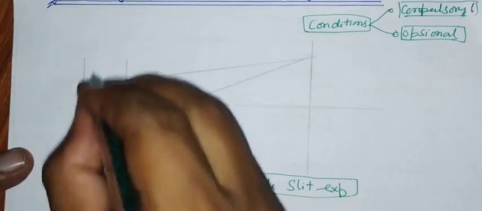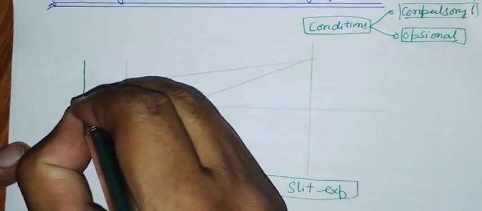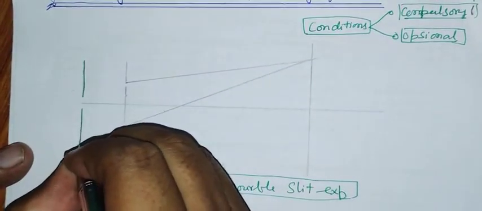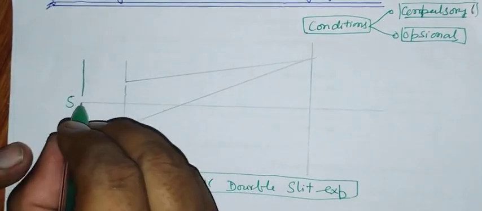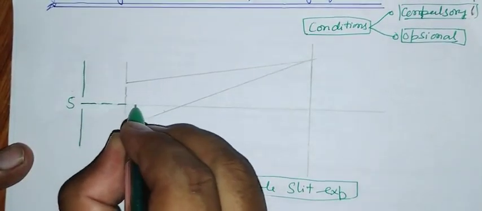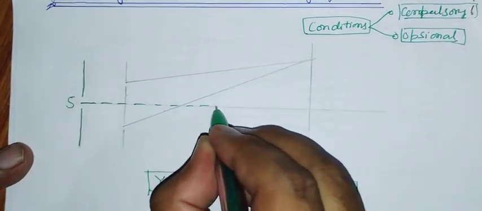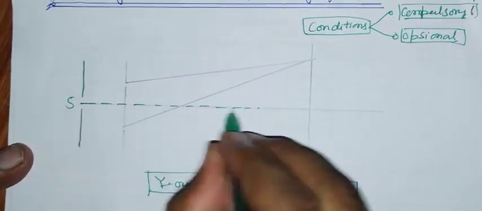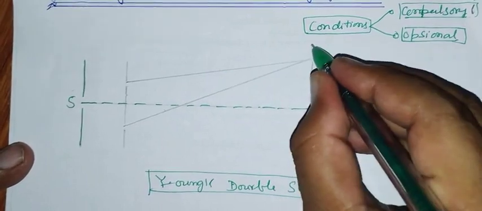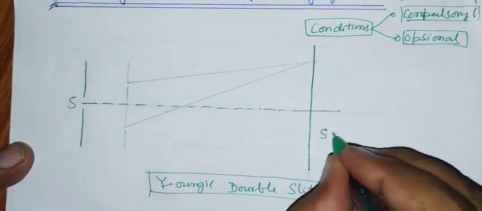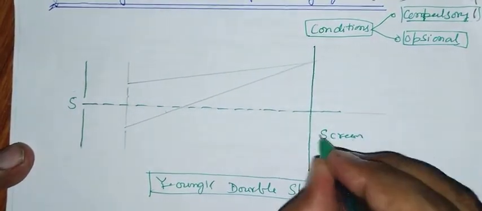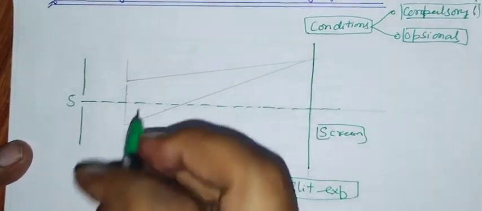In this experiment, there is an obstacle, and the main source of monochromatic light is kept behind it. Consider one straight line passing through it, and here is the position of the screen.